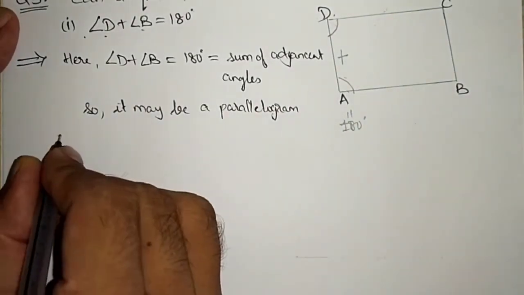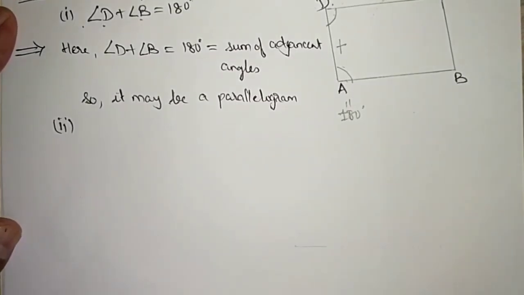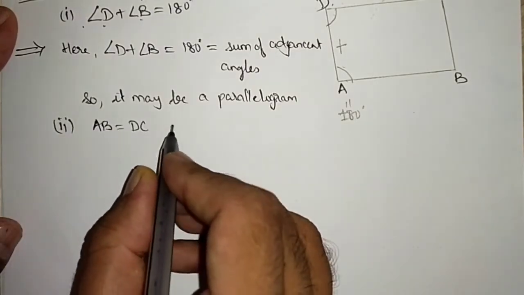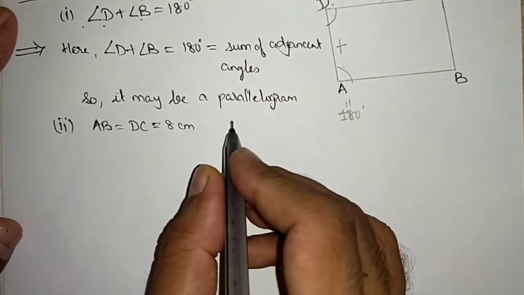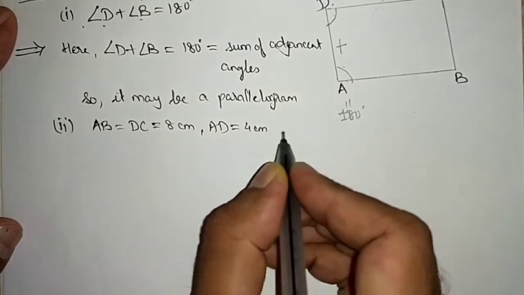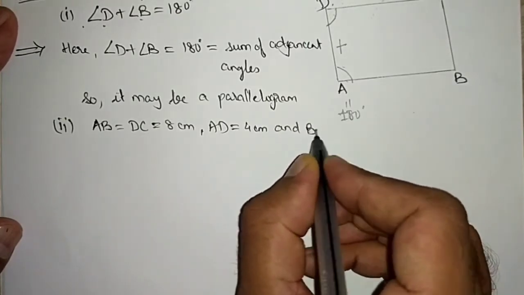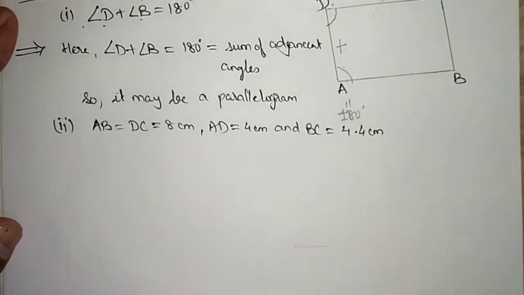Only on the basis of these two angles we are saying that it may be a parallelogram. Now moving to the second condition. In the second condition they are telling us AB is equal to DC is equal to 8 centimeters, AD is equal to 4 centimeters and BC is equal to 4.4 centimeters.